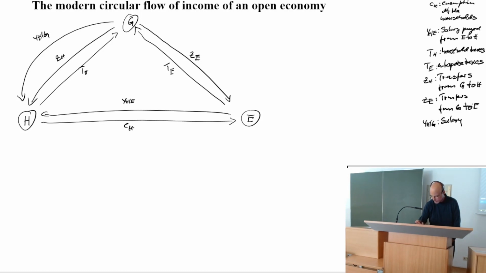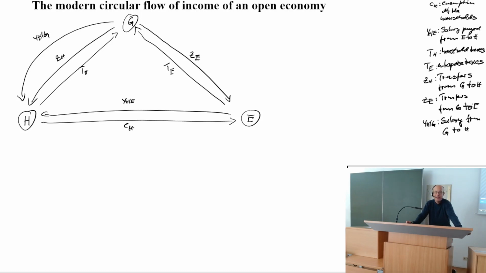Salary from G to H. And we can think of another money flow from the government to the enterprises. Well, they are paying me, but what do they also need?